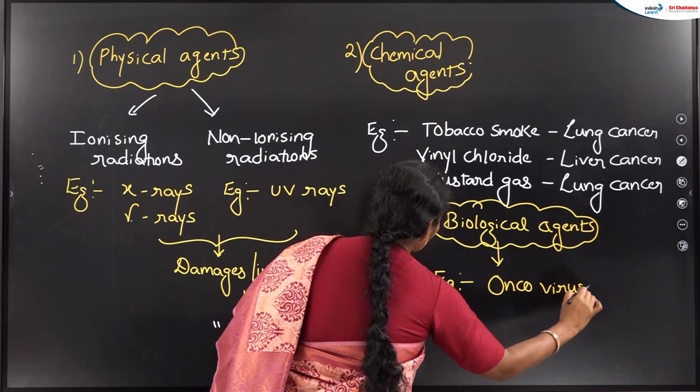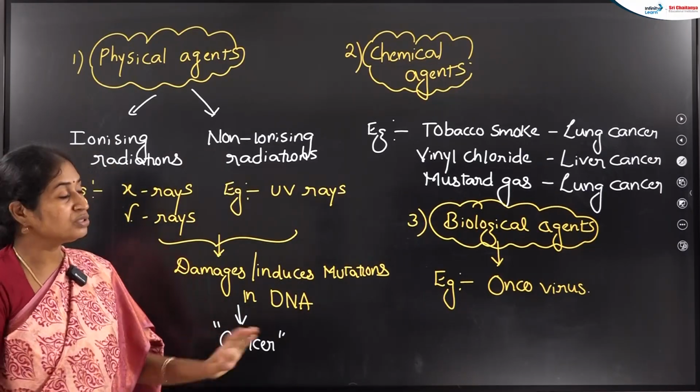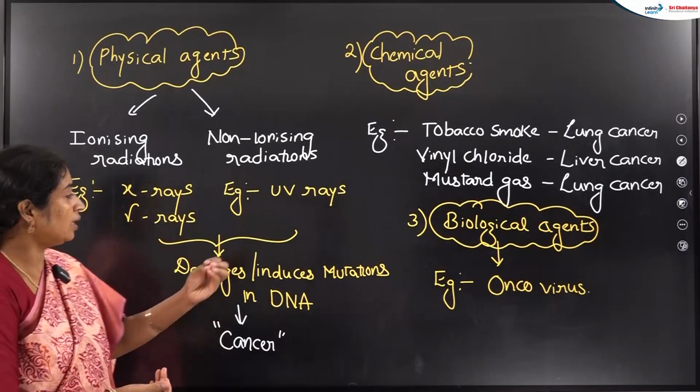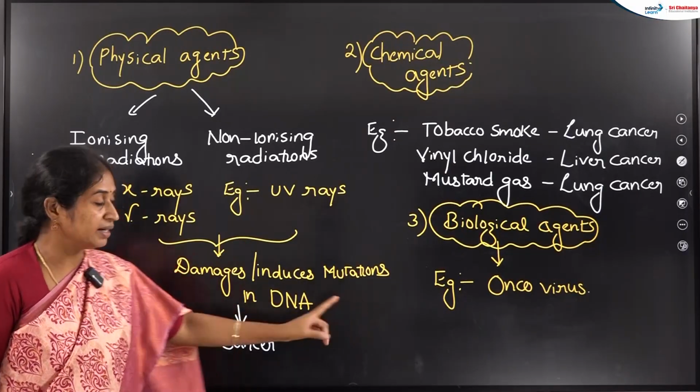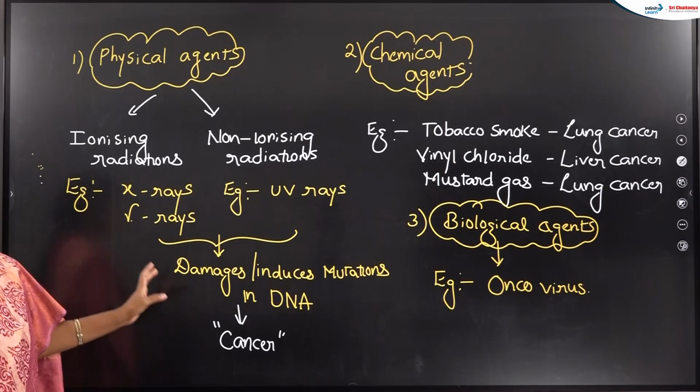How do these oncoviruses cause cancer? They introduce their oncogenes into the host so that the host loses regulation and it leads to cancer. So these are the agents, also known as carcinogens.